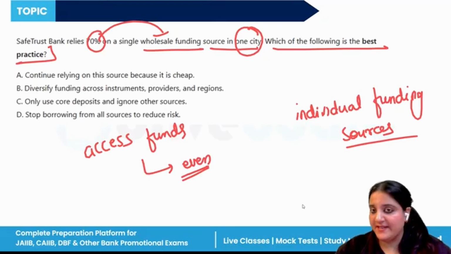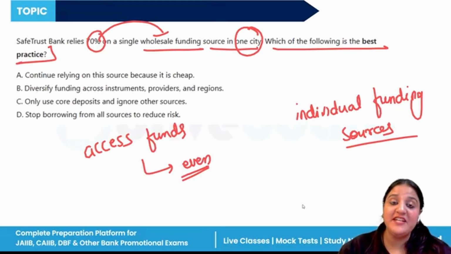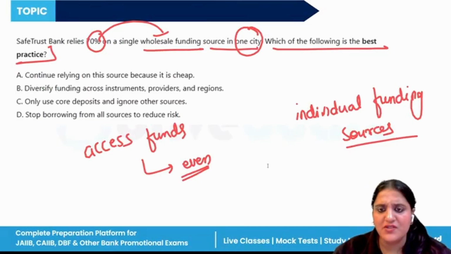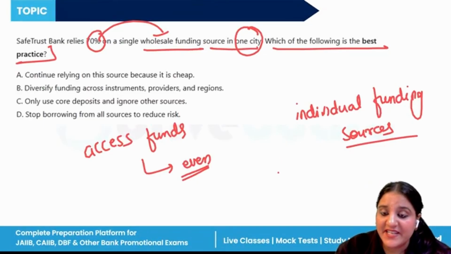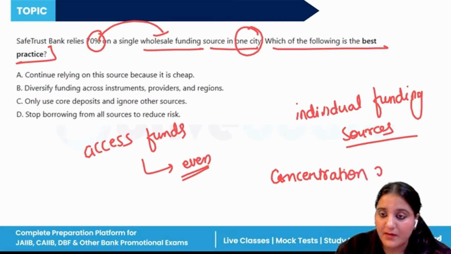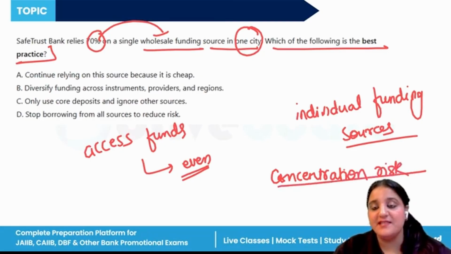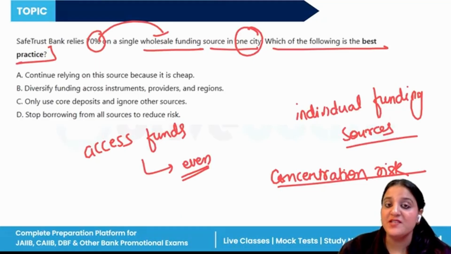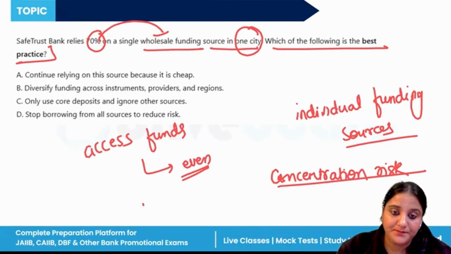So here, Safe Trust Bank relies 70% on a single wholesale funding source. Heavy reliance on a single source increases the concentration risk, right? And diversification across multiple sources reduces sudden liquidity shortfalls.